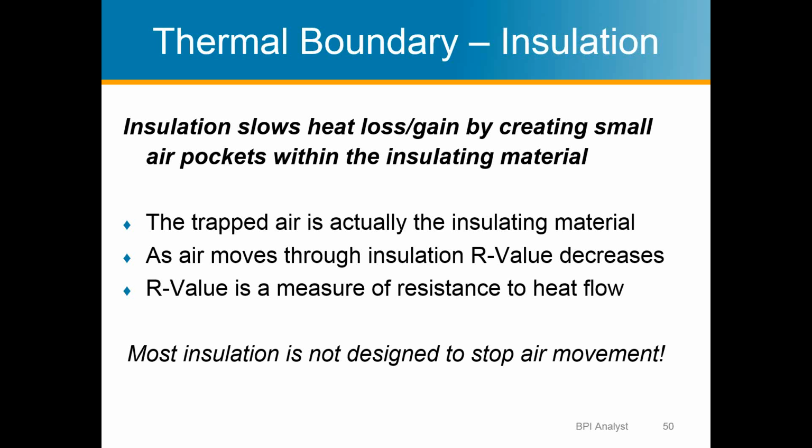That's the goal of most insulation: to stop air movement and trap small pockets of it. And again, the air moving through insulation decreases the R value of the insulation. R value is just the measure of the resistance to heat flow. And most insulation is not designed to stop air movement. Spray foam is, but none of these others are.